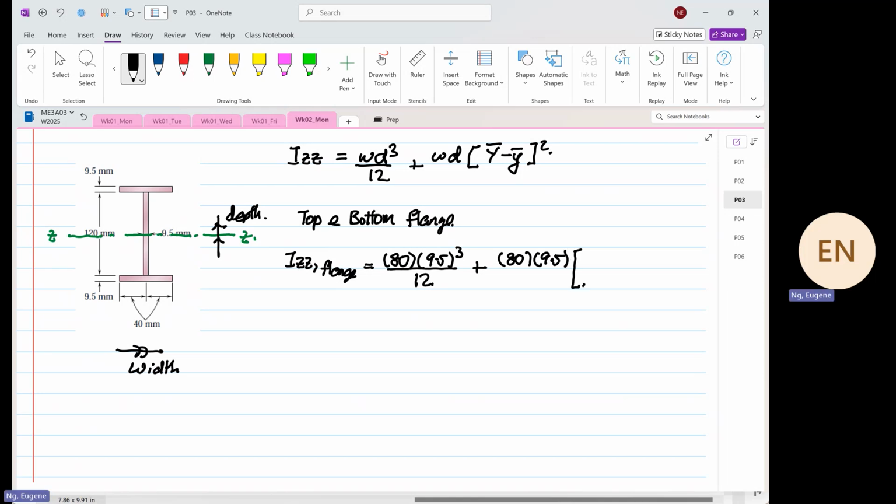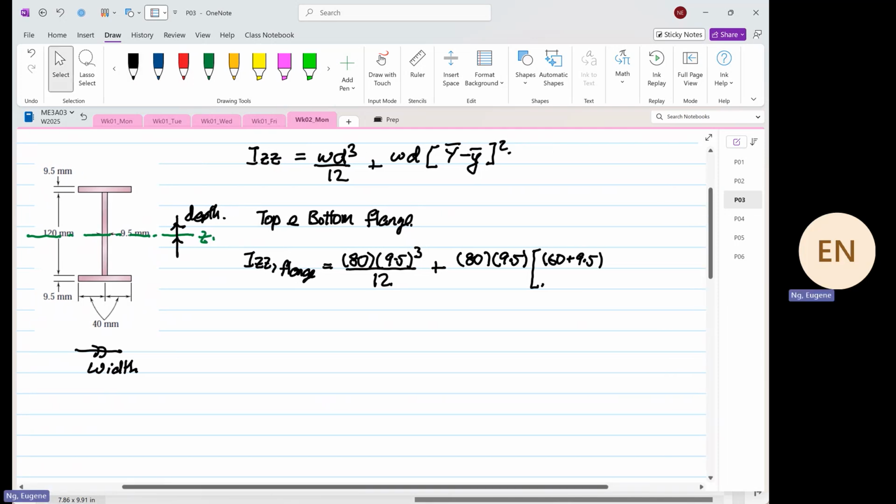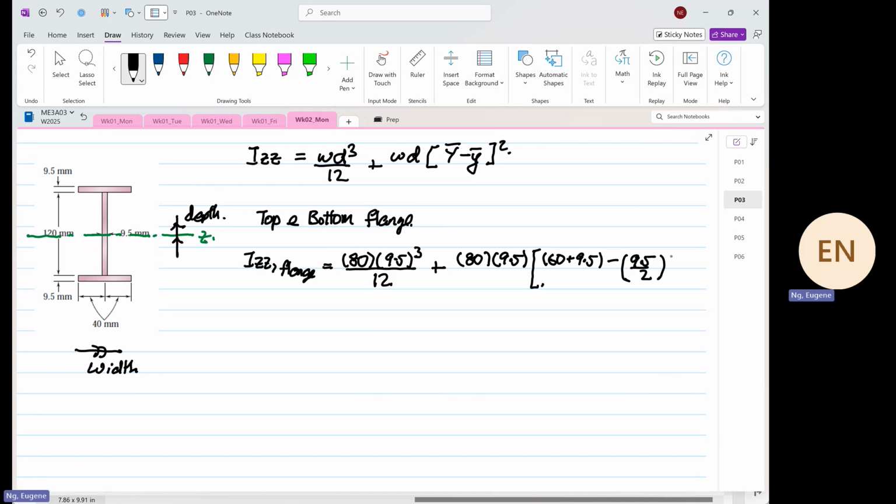And then the global centroid is equal to 60 plus 9.5. And then we are going to minus 9.5 divided by 2. And then the whole thing squared.